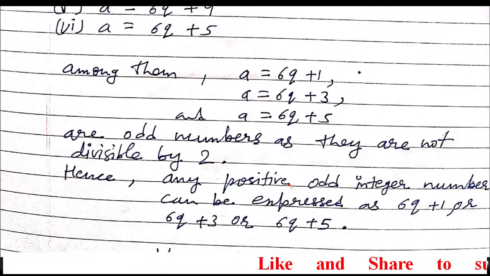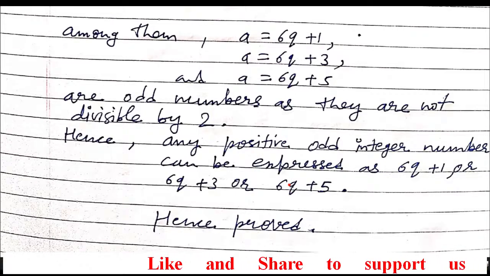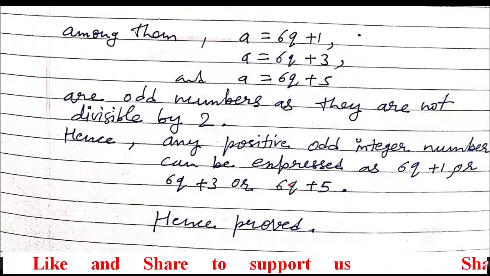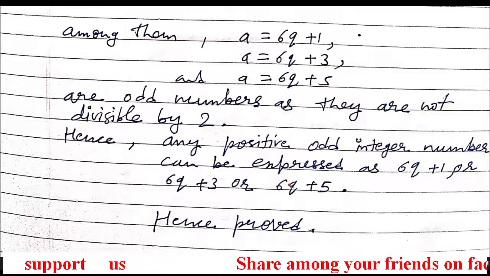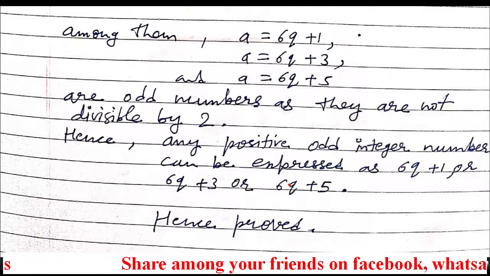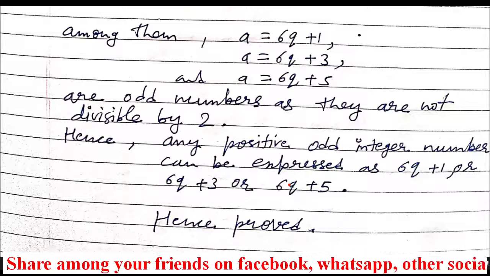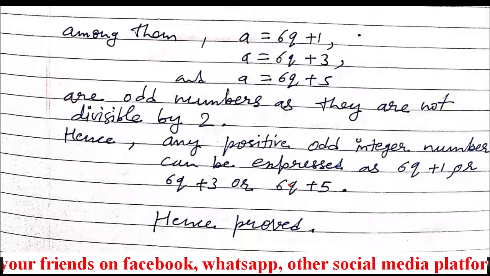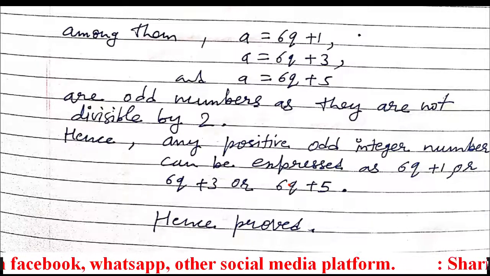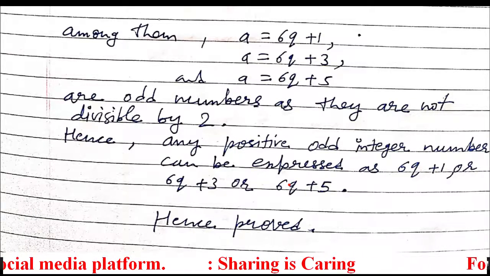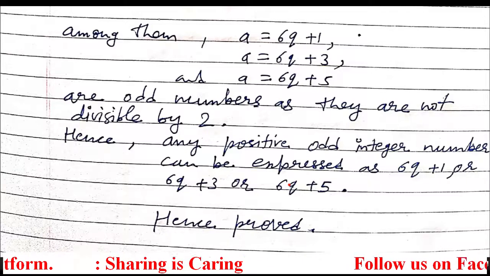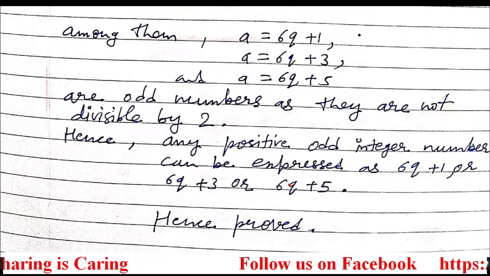This question number 3 is comparatively simpler than question number 1 and 2, because in questions 1 and 2 we first have to select the odd or even integers and then find either the square or the cube of them. Here you do not have to do anything, you simply select the odd integers and show that the odd integer is of the form 6q plus 1, 6q plus 3 or 6q plus 5.